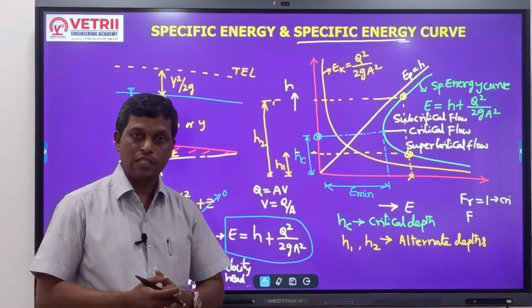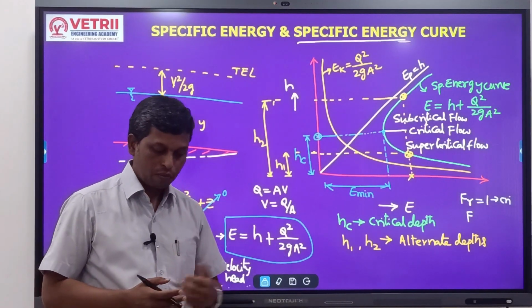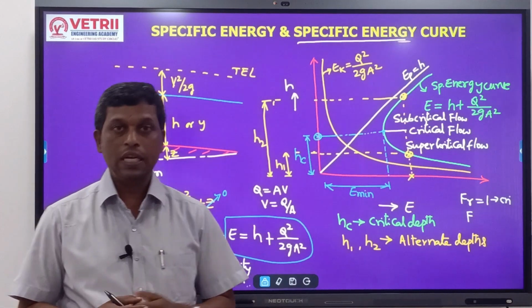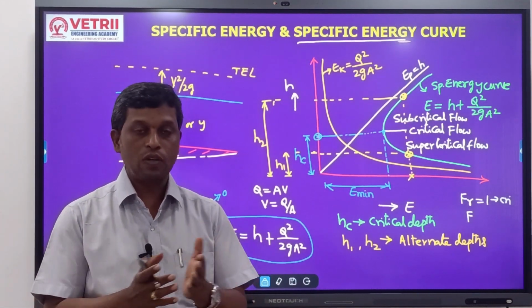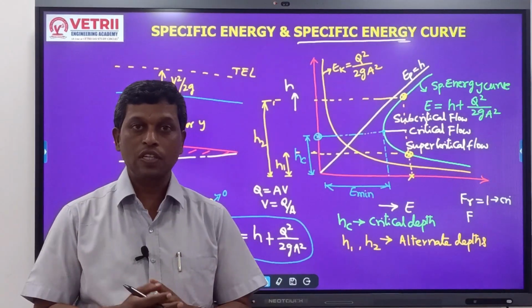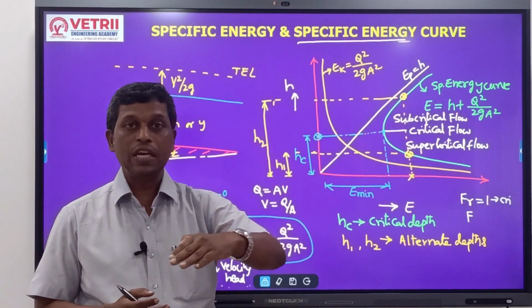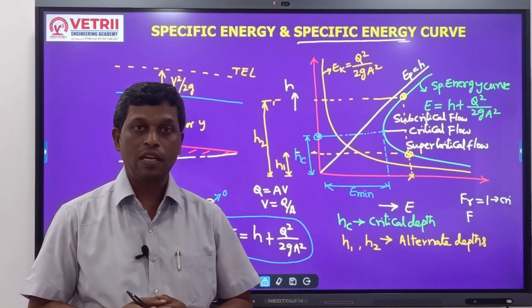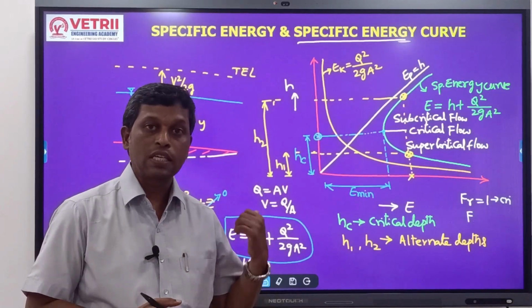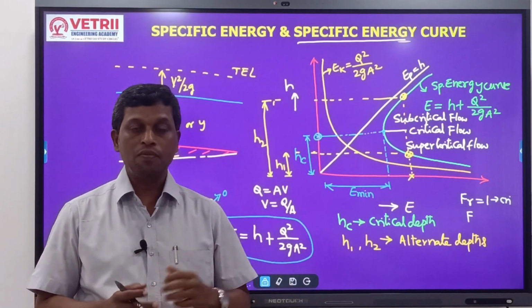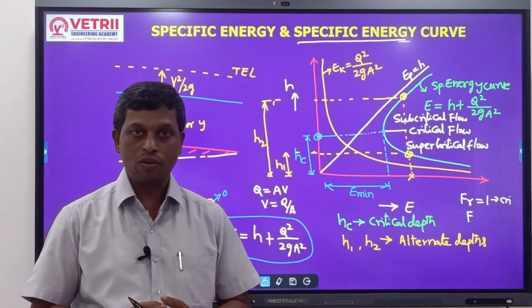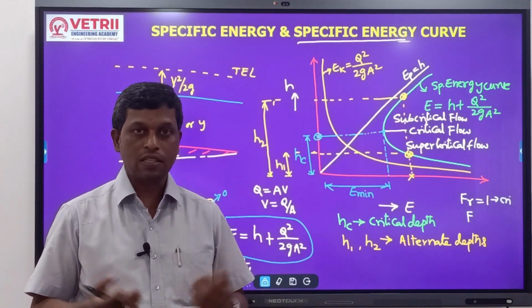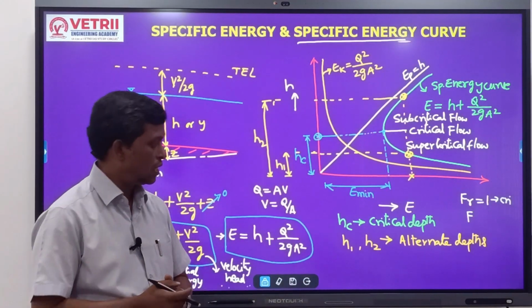For the analysis of flow in channel transitions, that is, whenever there is a change in the width of the channel or in the bed slope, you can use specific energy for analyzing various irrigation structures like spillways, irrigation canals, etc. These are the applications of specific energy.